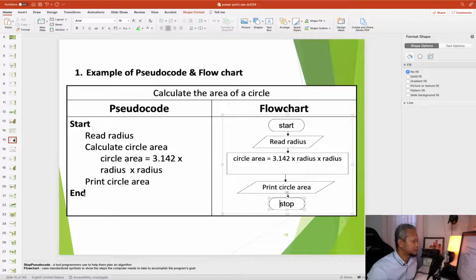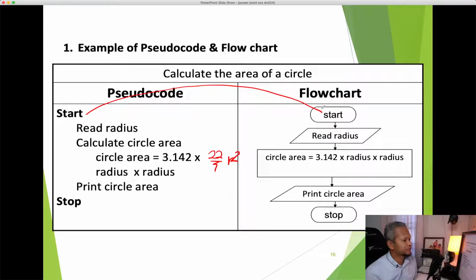So from here we need to compare between the two algorithms. For that, the start is the same, and then read. If a question needs you to convert the pseudocode to the flowchart or the flowchart to pseudocode, this is the way you can convert it. So you are using radius, that is still the same.